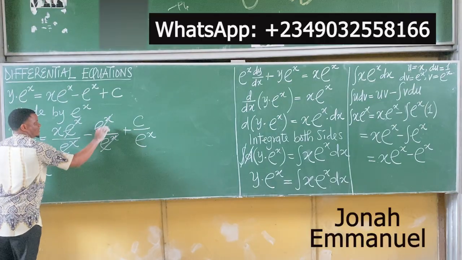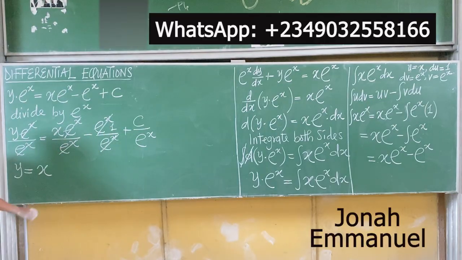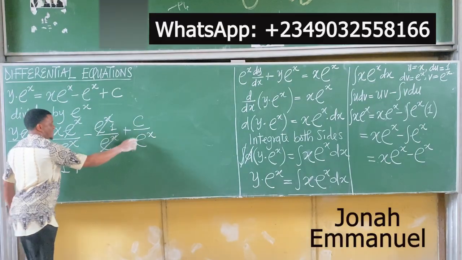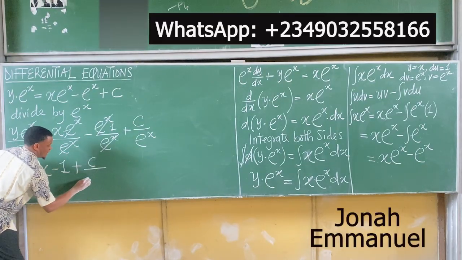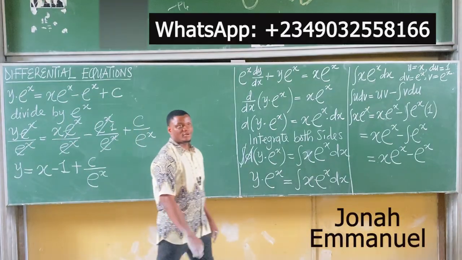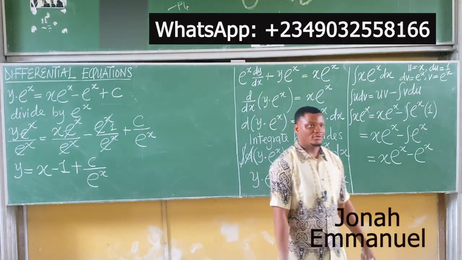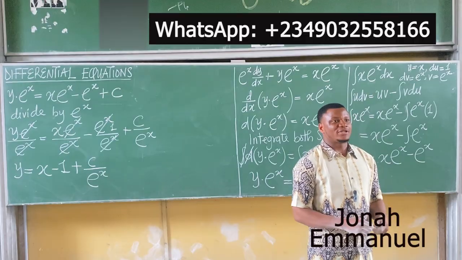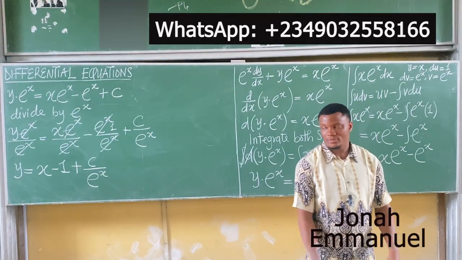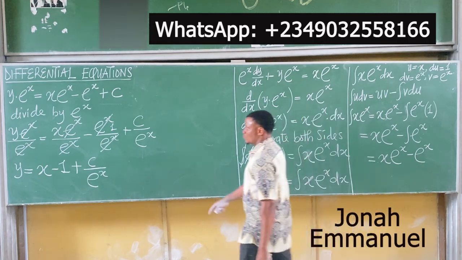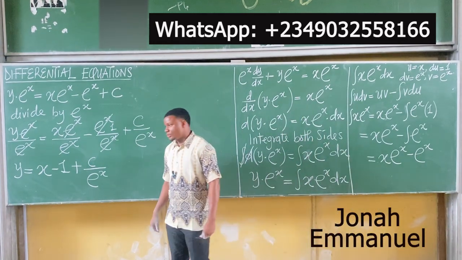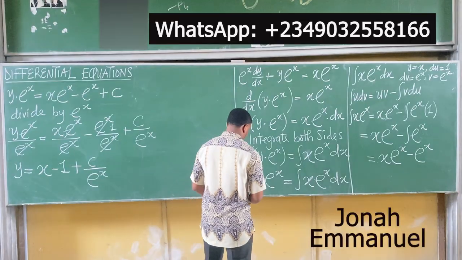This cancels this, you have what there? 1. So minus 1 plus c all over exponential x. Usually, this is where we'll stop. But we're given a condition. The condition is that y of 0 equals minus 2. With that condition, we'll find the value of c.